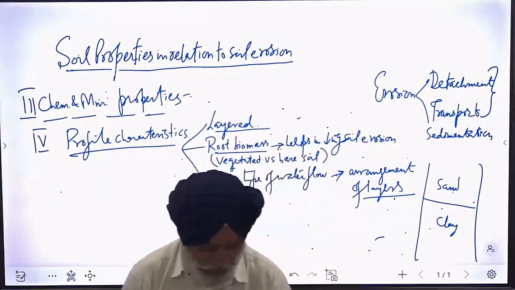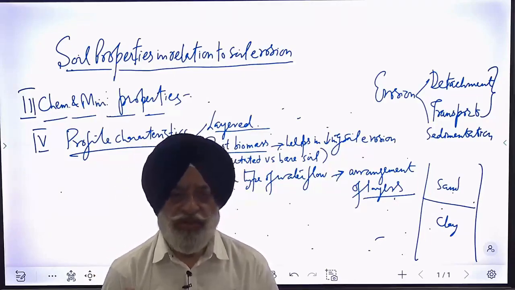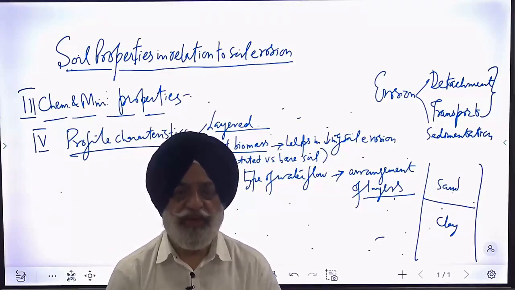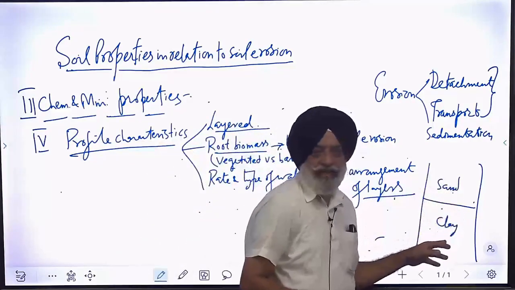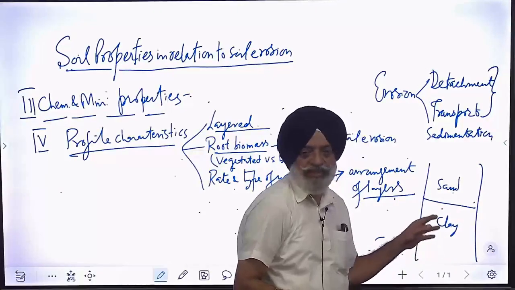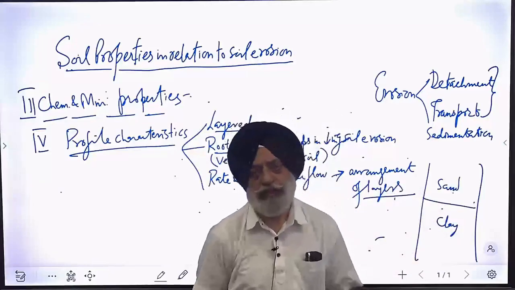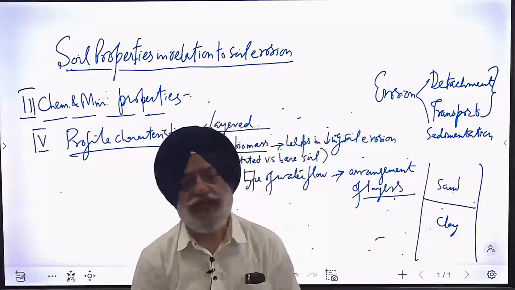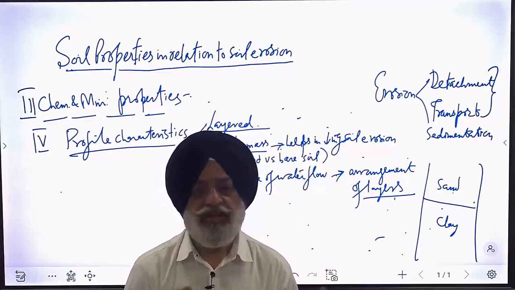So this is how soil profile layering affects things. Supposing you have sand at the top and the infiltration rate decreases after some time, then the sand layer may immediately get eroded. So this is how the profile characteristics affect soil properties, ultimately soil erosion.